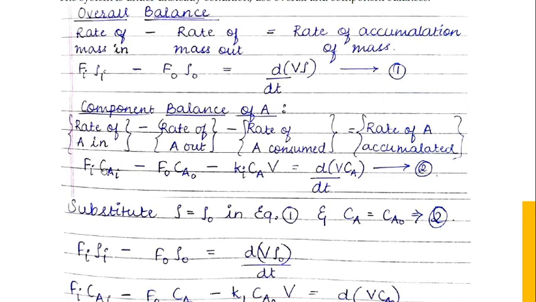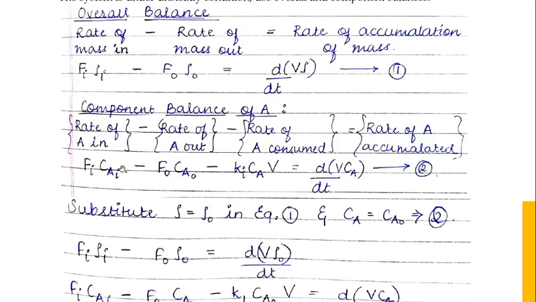So converting it into terminologies. Rate is, again, a mass rate we are talking about. So we need the mass flow rate, but we know the concentration as well as the volumetric flow rate for the input and output flow rate. So volumetric flow rate multiplied by concentration. Concentration is mass of A per volume. Here the volumetric flow rate means volume per time.